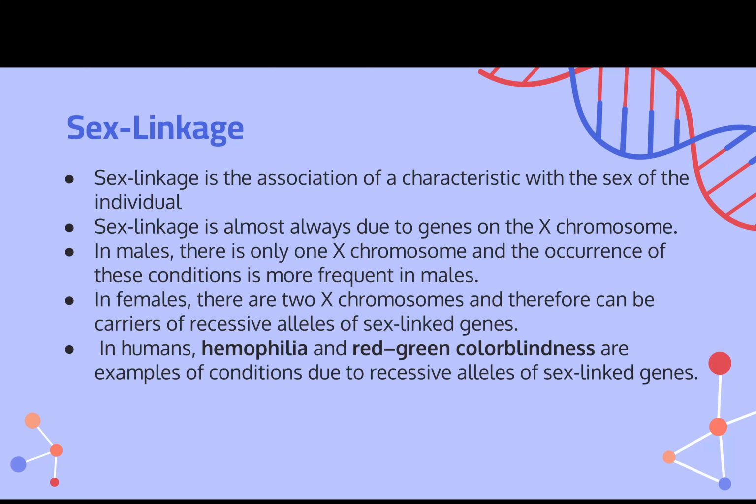So if a mom is a carrier of a disease and the dad does not have the disease, and, for example, they have three children and they're all boys, their children have a higher probability of getting the disease because it basically becomes a 50-50 chance.